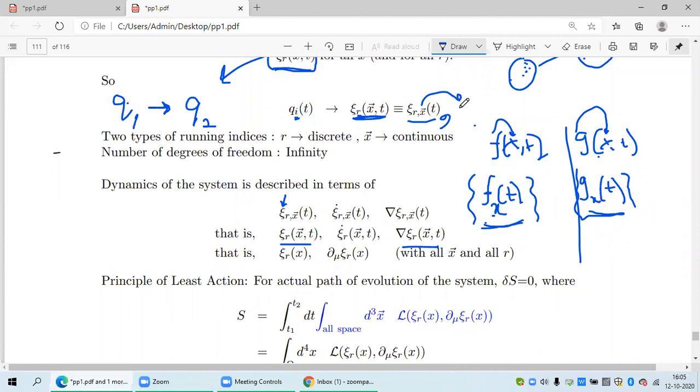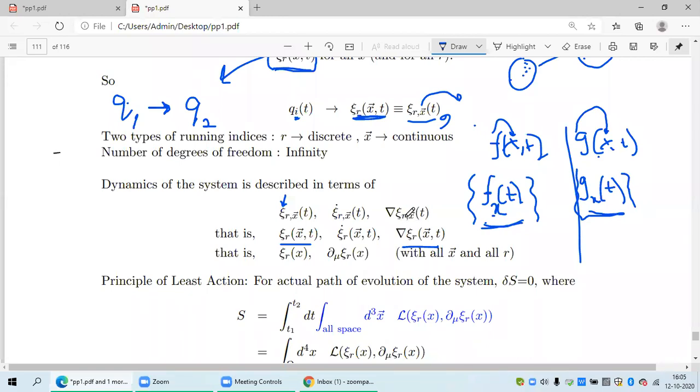Suppose in this function grad psi is a large number.